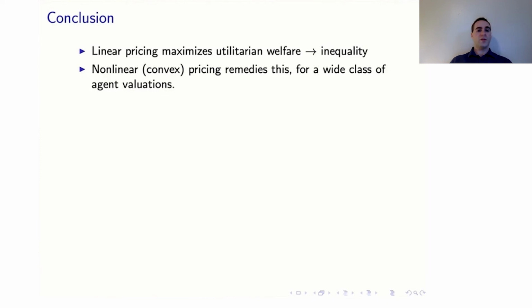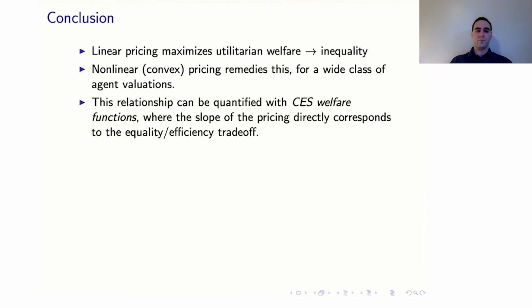Remember that the only assumptions we needed were differentiability, concavity, and homogeneity of degree R. And we can quantify this relationship with CES welfare functions, where the slope or curvature of the pricing exactly corresponds to this equality efficiency trade-off.